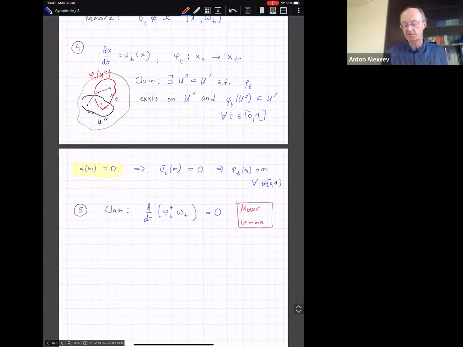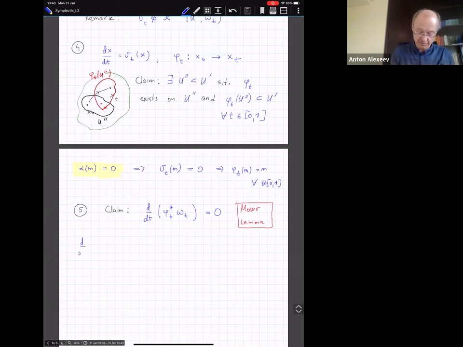In fact, the original Moser's argument was invented for volume forms, as far as I recall. But this is a construction, a statement which is used very, very often in symplectic geometry. So, okay, let's see why it is true.